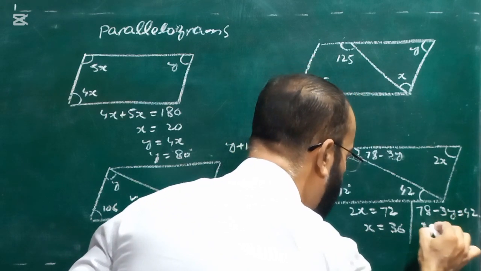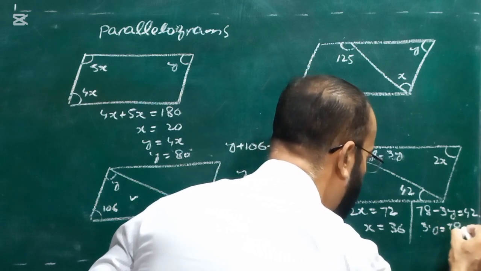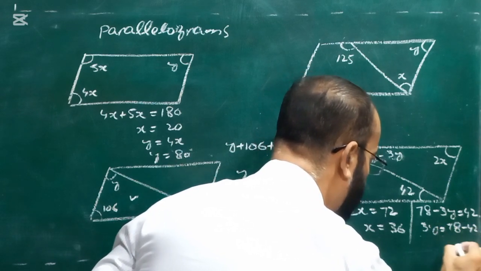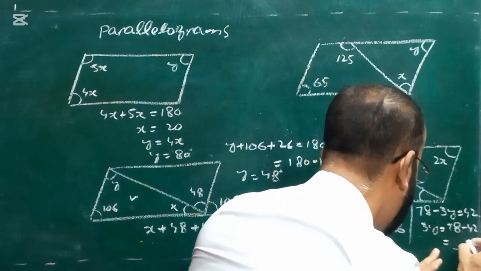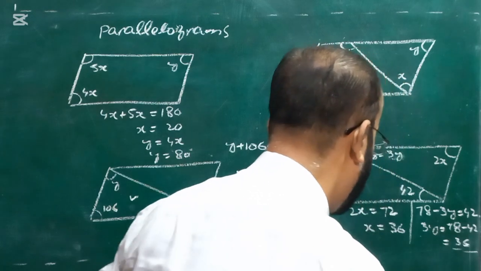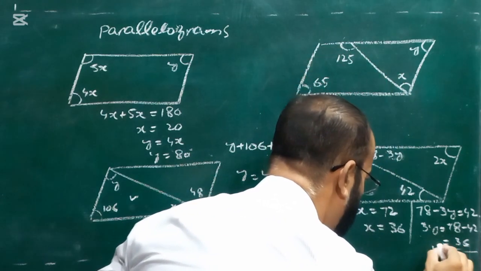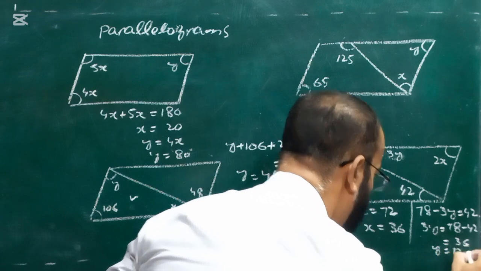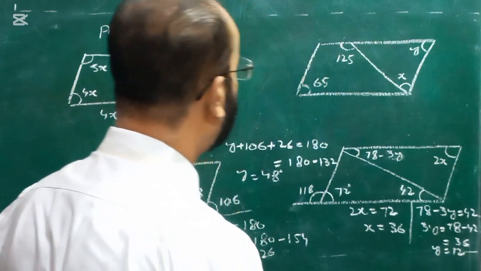From here, 3y will be equal to 78 minus 42. So 3y is equal to 36, and from here y will be equal to 12. So this is the solution of this figure.